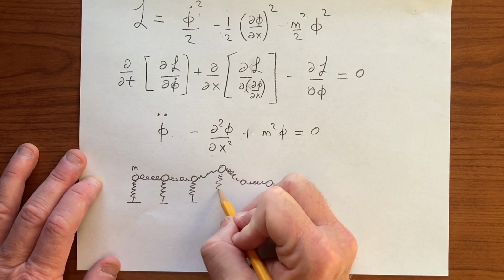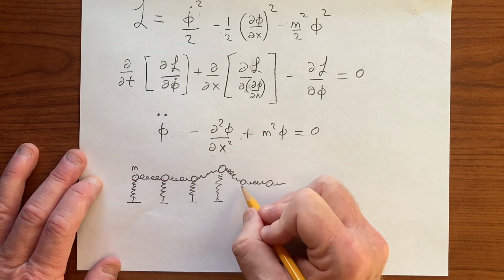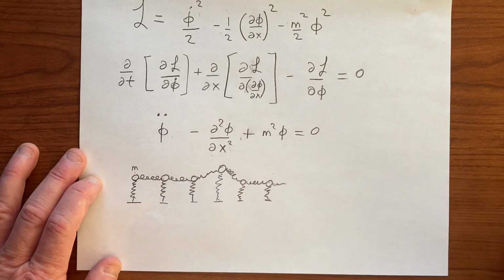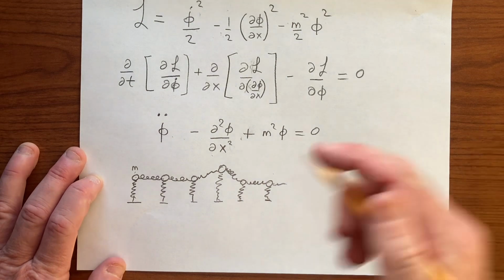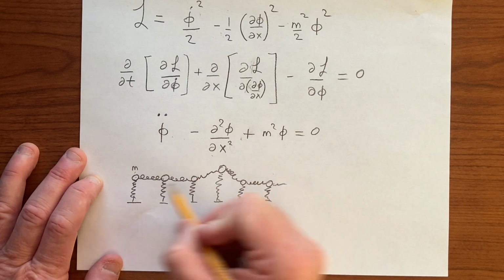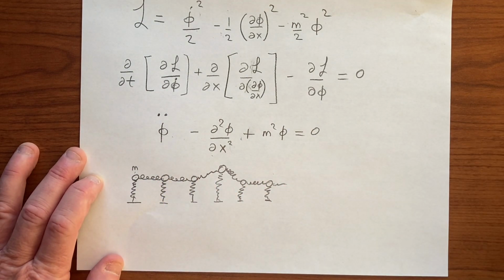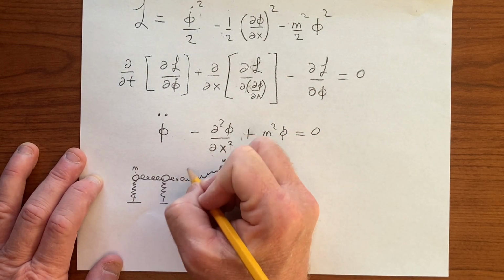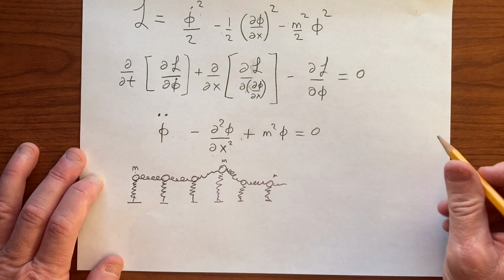This one means it's been stretched like that, and so on. It's a collection of simple harmonic oscillators, but they're coupled. They're all connected to each other. These are all of mass m. You have a spring here.